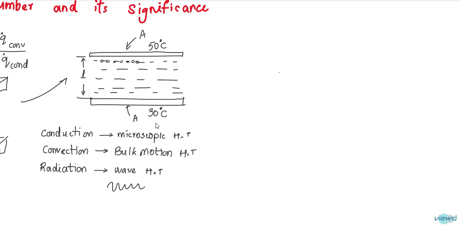Here 50 degrees centigrade, which is greater than 30 degrees centigrade, the density will be lower. Here the density will be higher, here the density will be lower. So higher density particles will be below the lower density particles. That is the natural law.